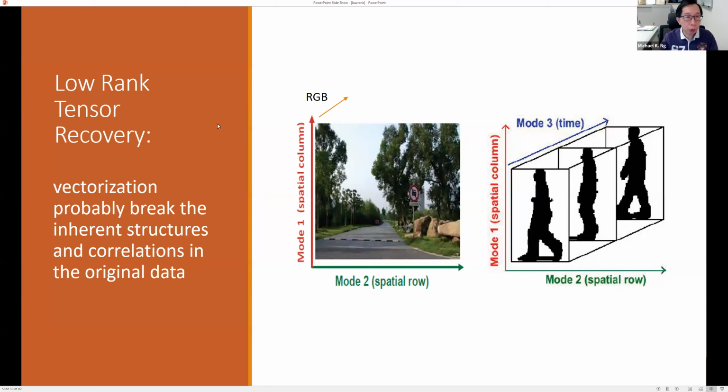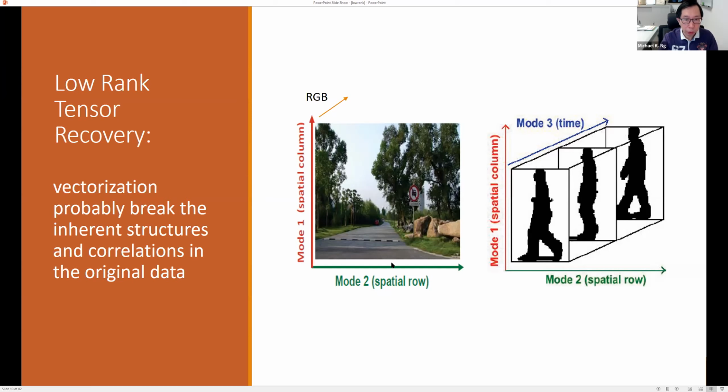So suppose we have these missing pixels. Can we also recover the whole tensor? That means this hyperspectral image, video, or color image, etc. Of course, we can argue, can we do vectorization?